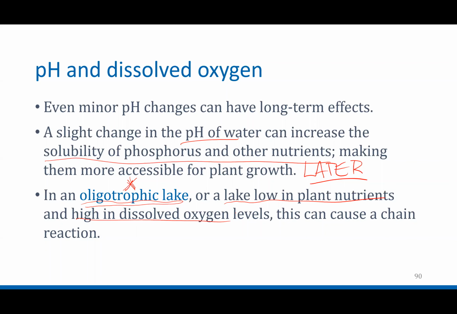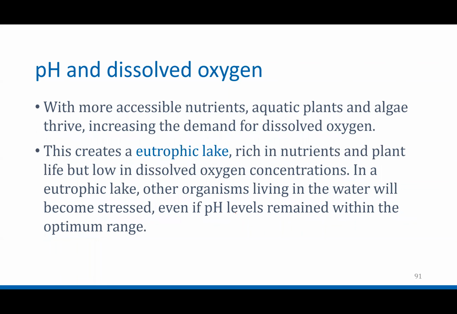So if there's too many nutrients, or too few nutrients, it can cause a chain reaction in that ecosystem and can have detrimental effects to everything in it. So again, it's this whole Goldilocks thing.